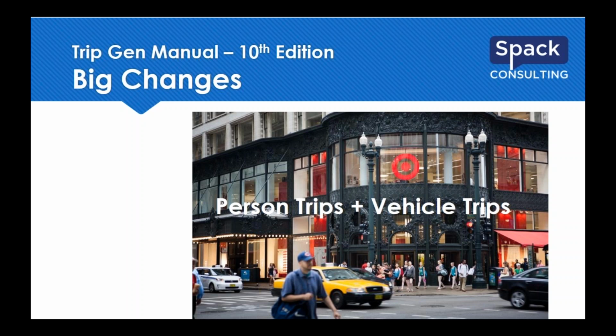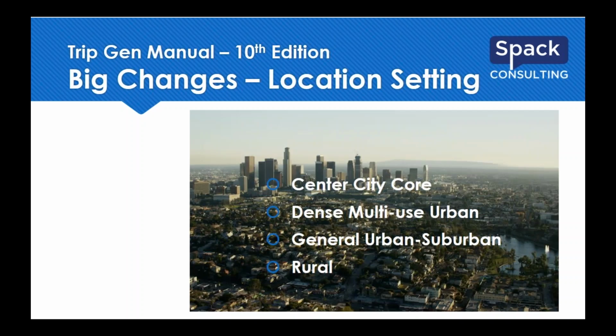Another big change is they've added a location setting as one of the filters. So now we can look at center city core, dense multi-use urban, general urban or suburban, where we don't know or it's kind of a mix, or rural.